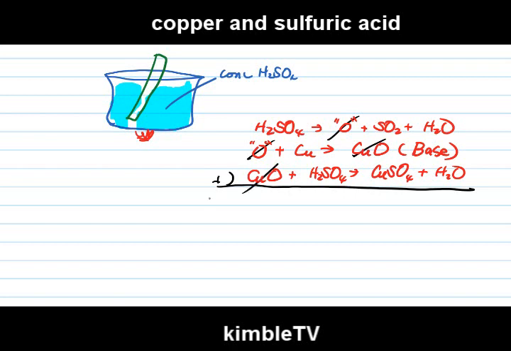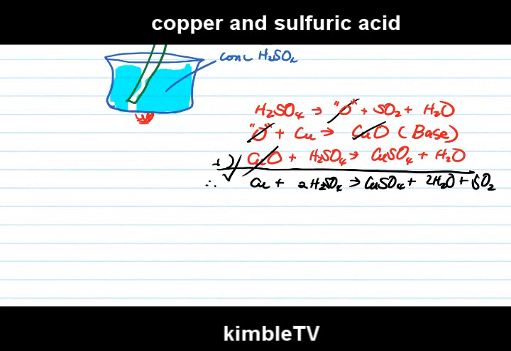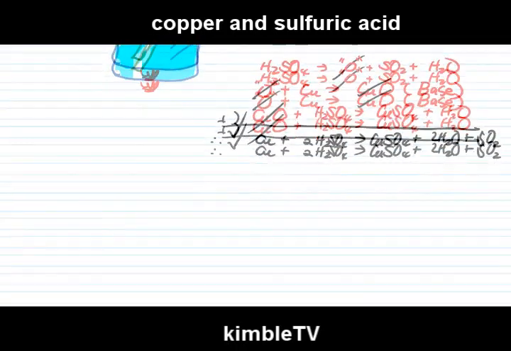Therefore, copper metal and sulfuric acid give salt, copper sulfate, and water and sulfur dioxide. We have got the completed equation. I think this one is very important because it allows me to memorize the experimental process.